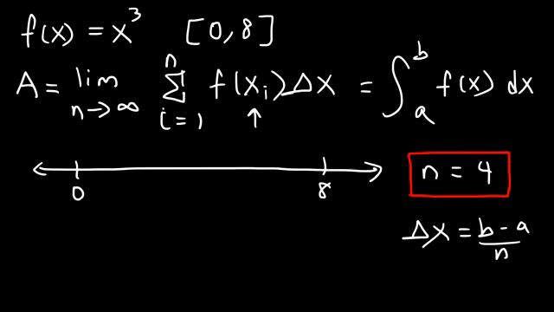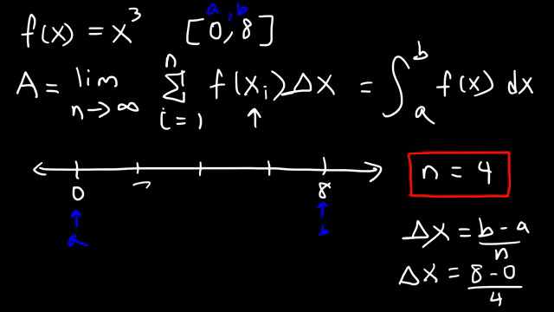Keep in mind, a is the beginning of the interval, b is the end. So it's always from a to b. Now b is equal to 8, a is 0, and n is 4 for this example. So 8 divided by 4 is 2. The width of each subinterval is equal to 2, and that's the value of delta x.